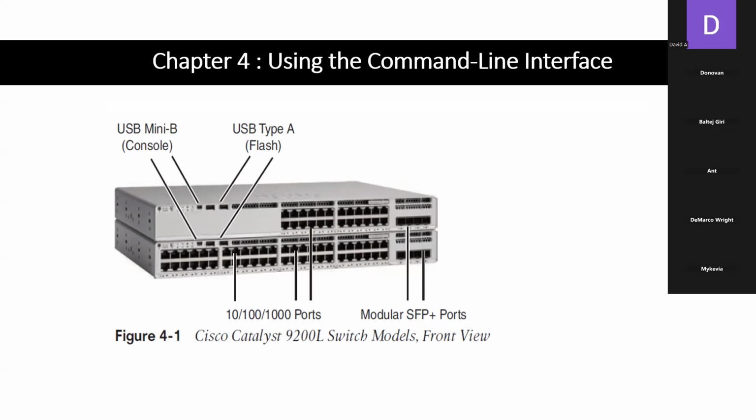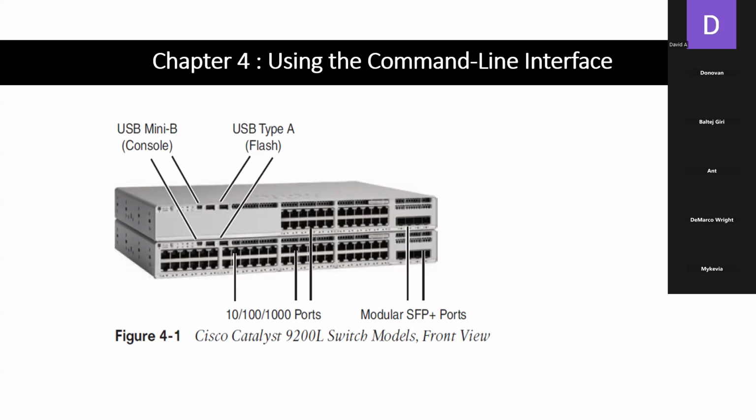On a lot of the newer switches, we have a USB mini-B console port. We also have a USB Type A flash port, for the option to upload the OS and to save configuration files. We'll get to configuration files a little bit later.